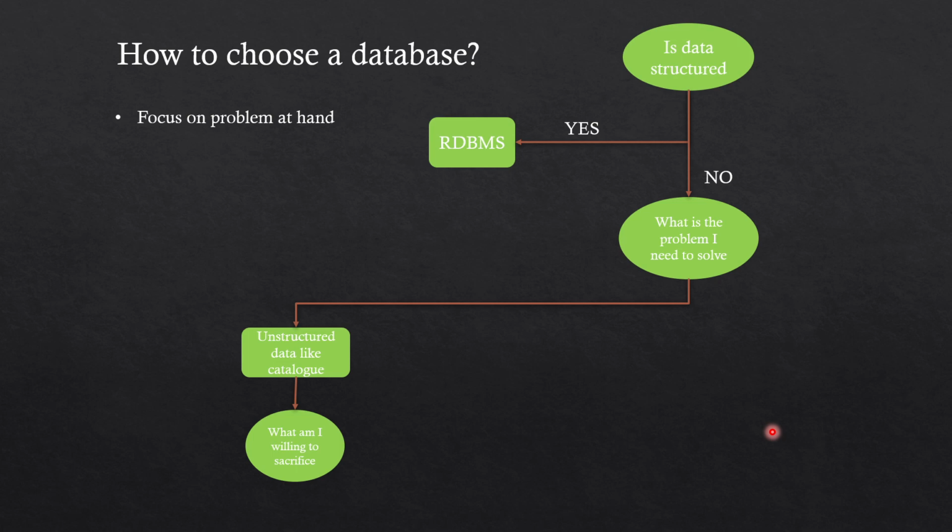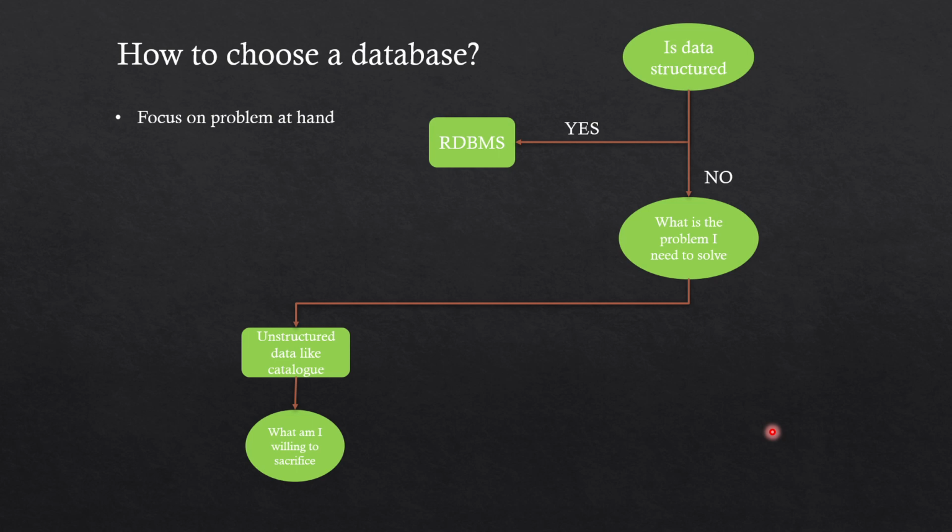Suppose you have unstructured data and you are okay with eventual consistency, so your system should be highly available, it should be partition tolerant, and eventual consistency is fine. If that is the case, then there is a set of databases which you can use.